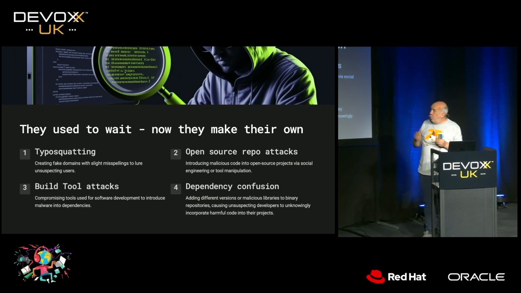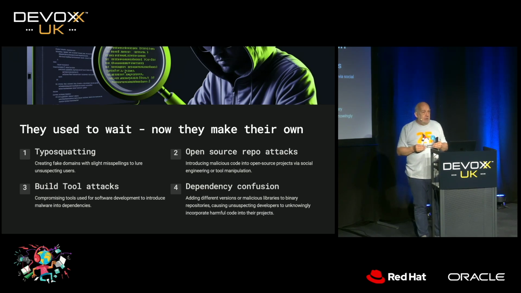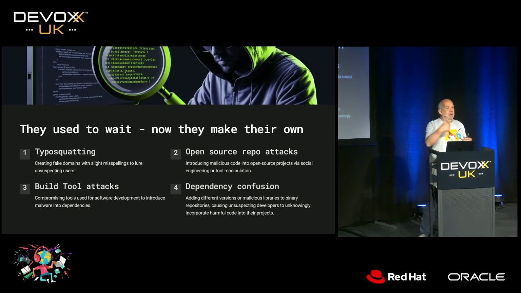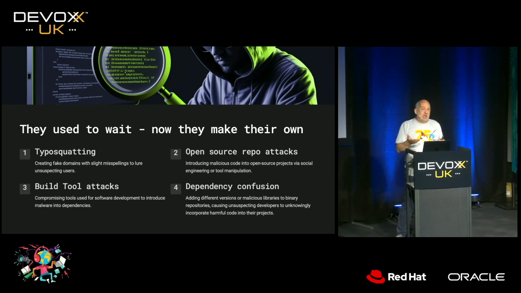Right. And the way that they do that is changing too. So you will hear about things like typo squatting and dependency confusion. And these are classic techniques that they already use to confuse you into using bad software.